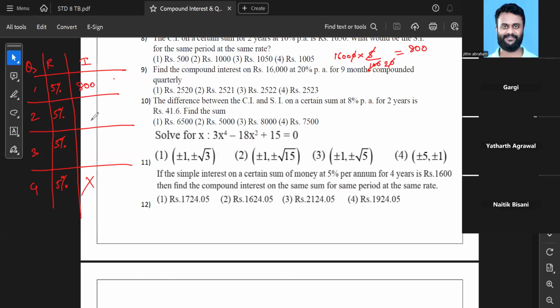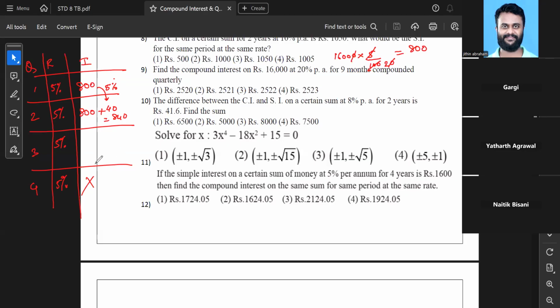Yes, sir. Okay. Now in the second quarter, what happens? The principal's interest of 800 will still be there, plus the interest on the previous interest will also be charged. How much? 5%. That gives you 800's 5%, which is remove a zero, make it half. That is 40. It gives you 840.